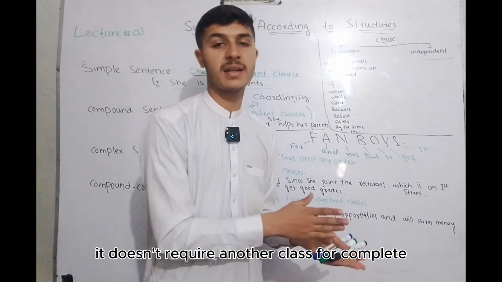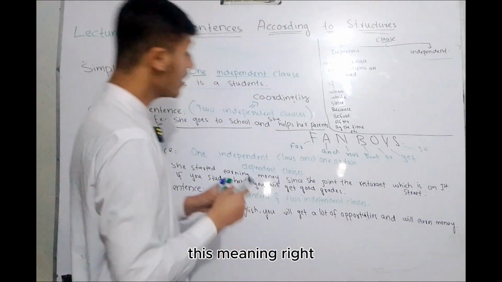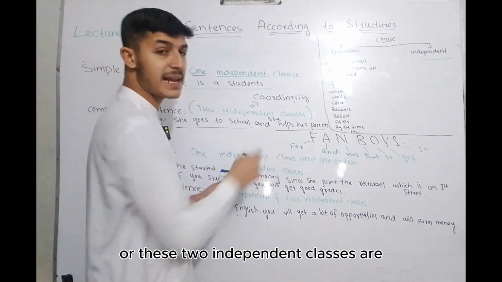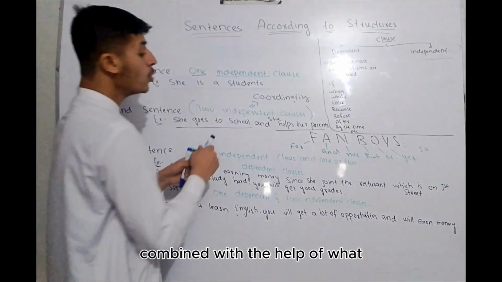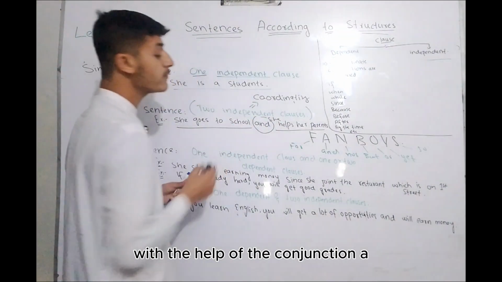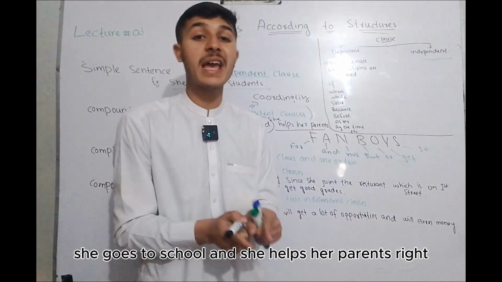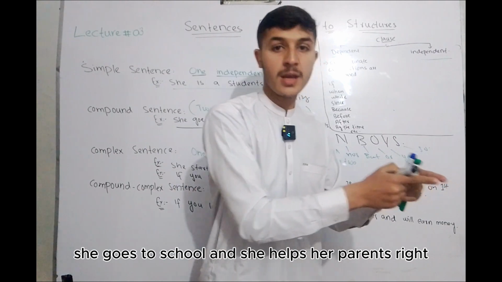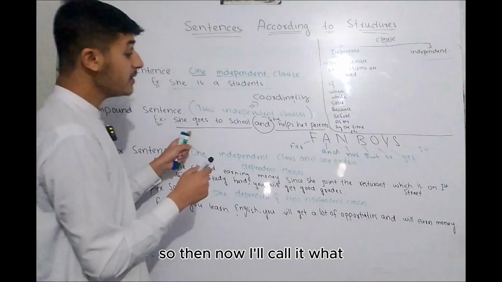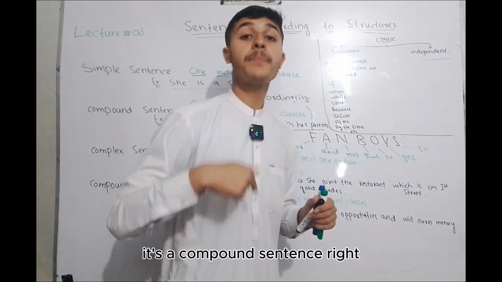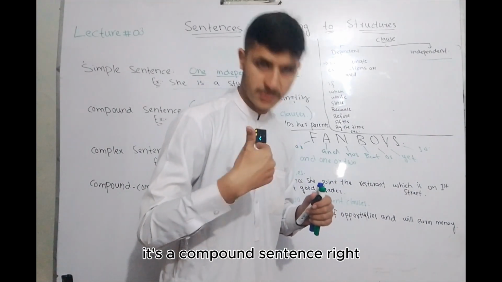It doesn't require another clause to complete its meaning. And these two simple sentences or independent clauses are combined with the help of the conjunction 'and'. She goes to school and she helps her parents. Now I'll call it a single sentence, and it's a compound sentence.